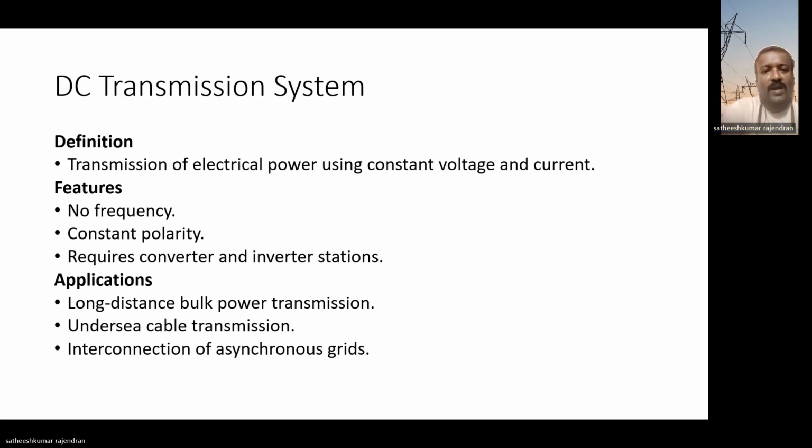While comparing AC and DC, AC transmission needs a transformer, but DC transmission requires converter and inverter stations. Applications of DC transmission systems cover long distance bulk power transmission, undersea cable transmission, just below the sea, and interconnection of asynchronous grids. These are the major things covered in DC transmission systems.